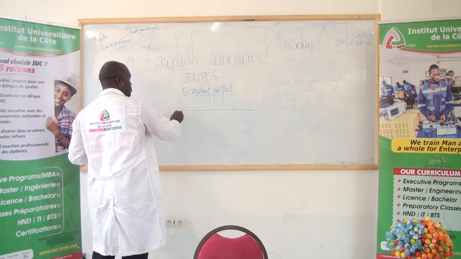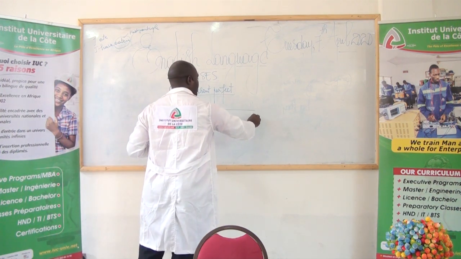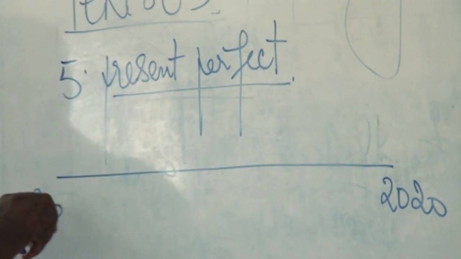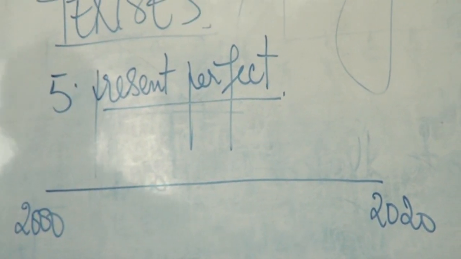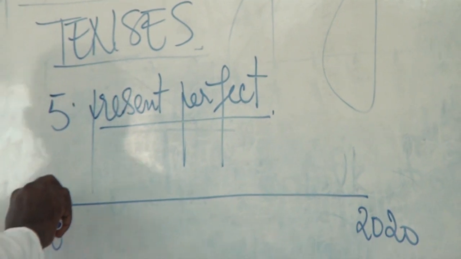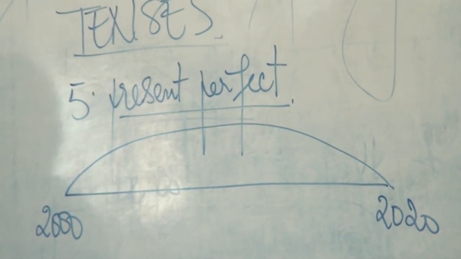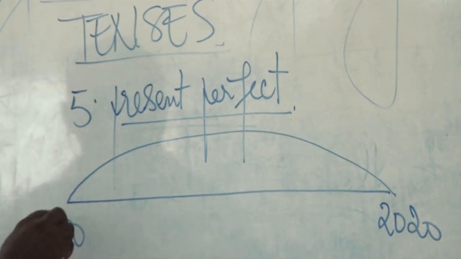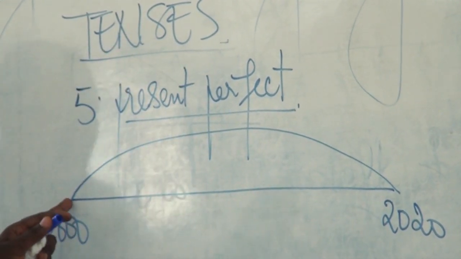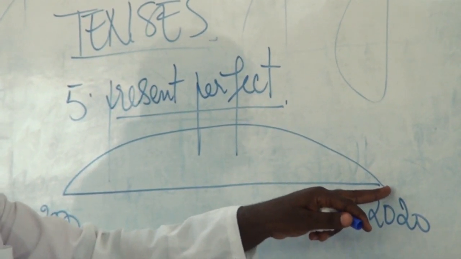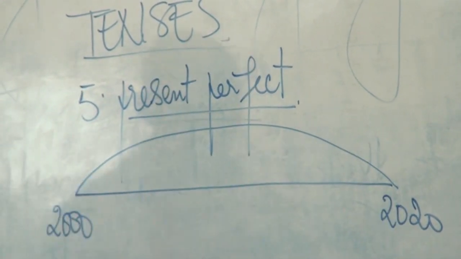You see? So this is 2020 and we can say this is 2000. You can say, for example, I have learned English language for 20 years. You see? So it means you started in 2000 and up to now, 2020, you are still in the process.